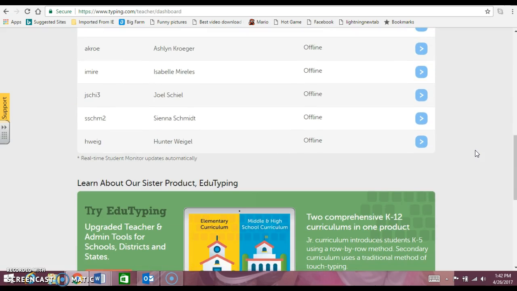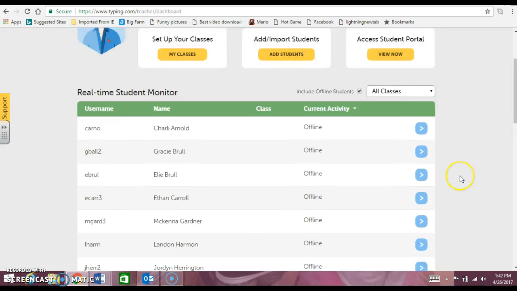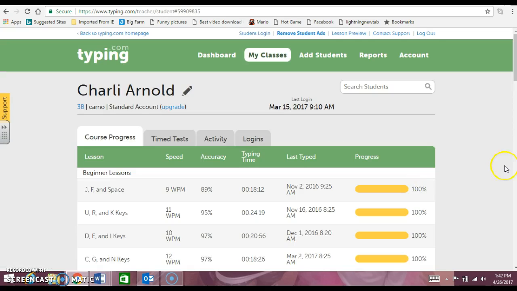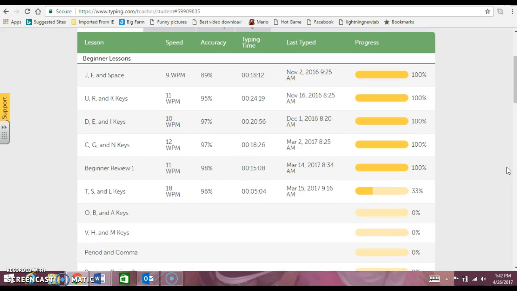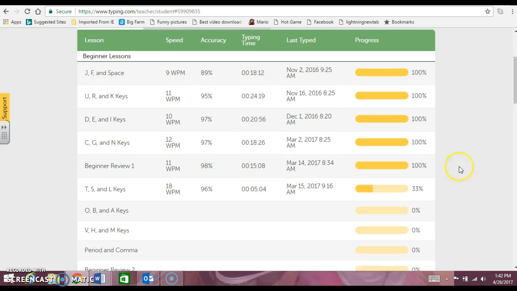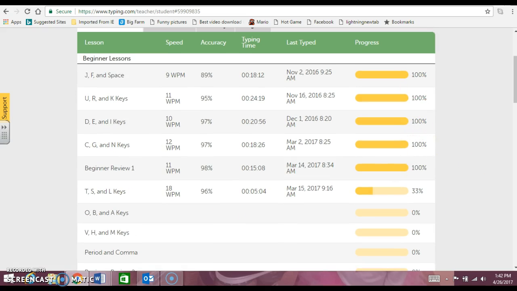And then when they're on there, you can see what they're doing, like if they're online and that sort of stuff. And then this gives me all of their reports. Okay, so this particular student has made it to TS and L, and she's doing very well with that. So I can monitor them this way.